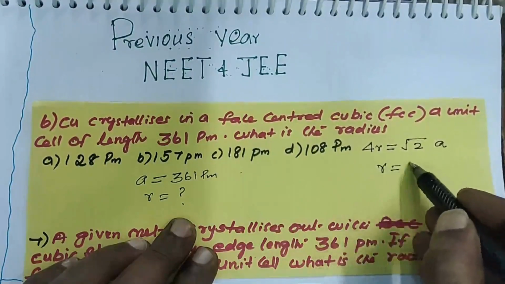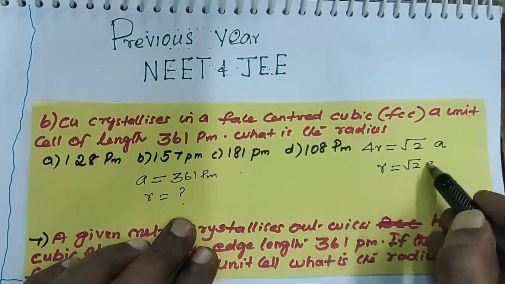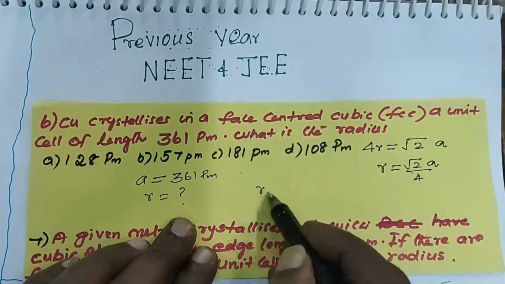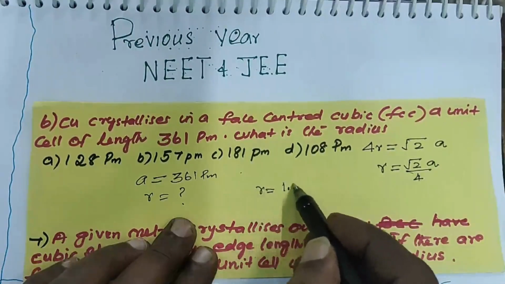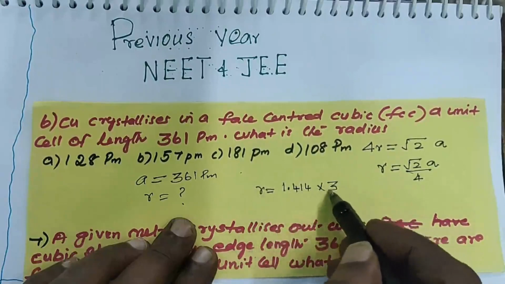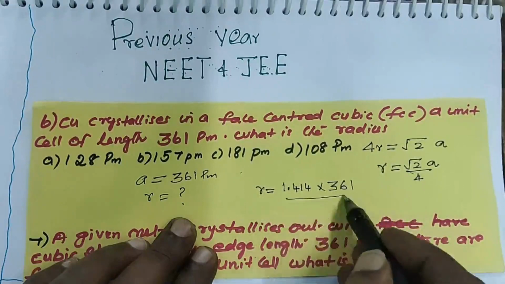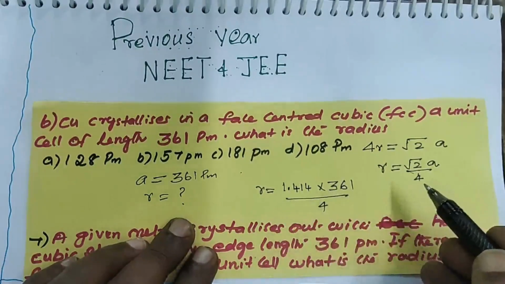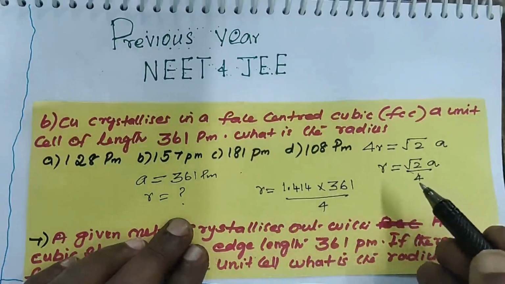r is equal to root 2 a by 4. Then r is equal to root 2, 1.414, into 361 divided by 4. So instead of 1.414, 1.4 is taken.